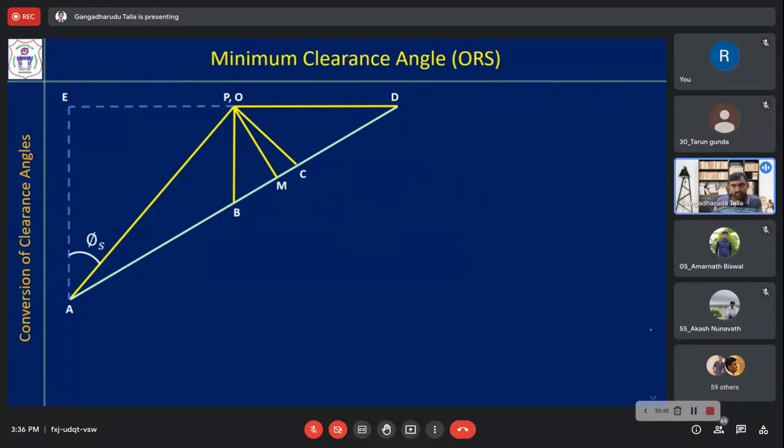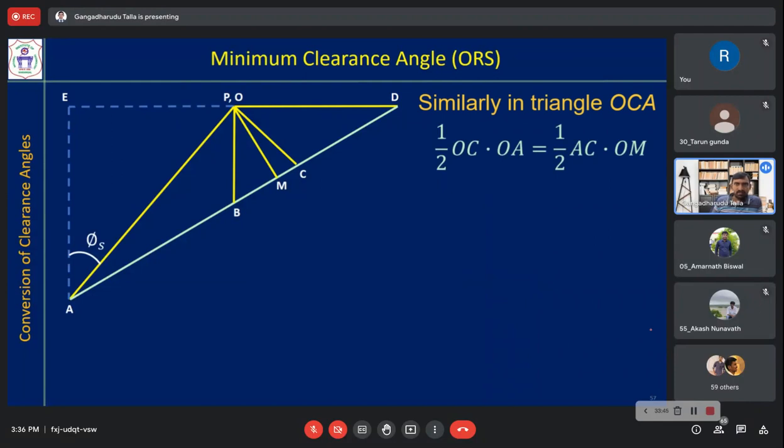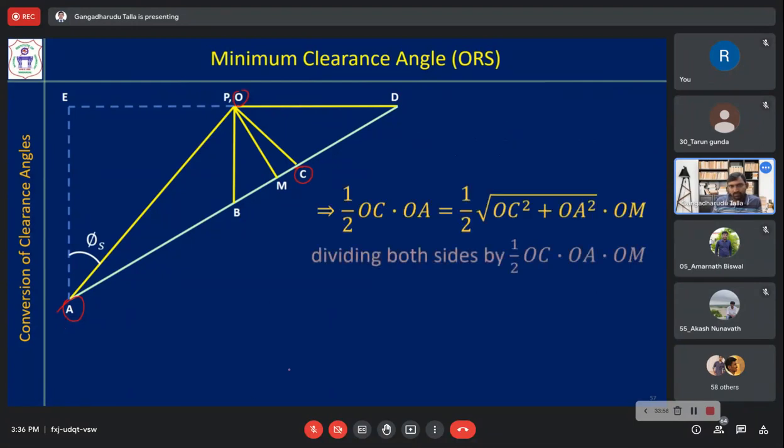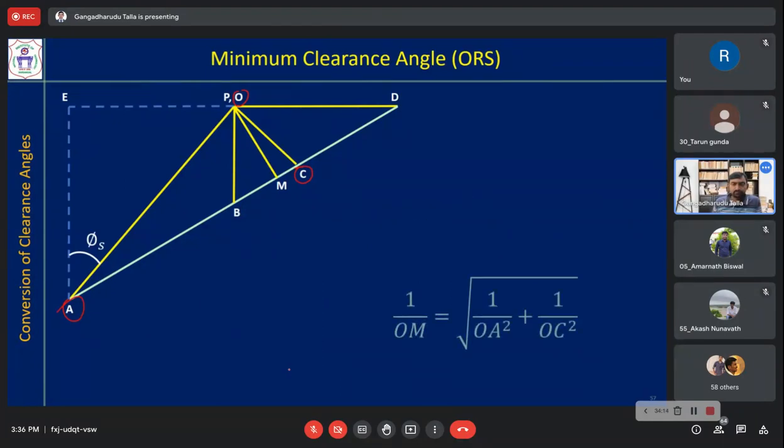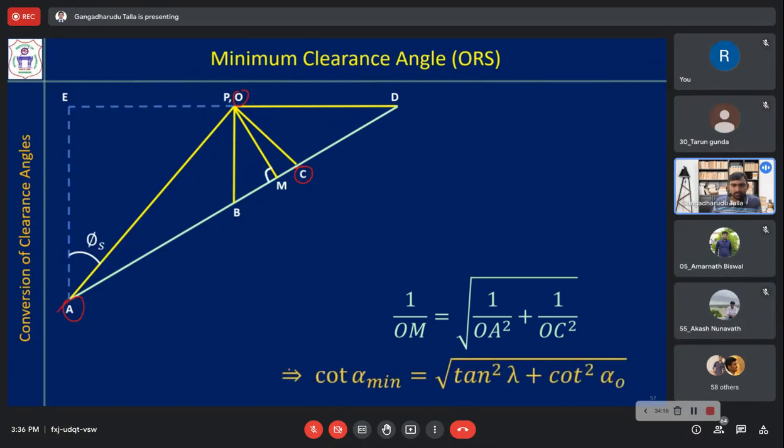Now coming to the ORS system, you consider triangle OCA. Which triangle you are considering is important. The remaining procedure is the same. OC into OA equals AC into OM. Half OC into OA is equal to half OC square plus OA square under root into OM. Divide both sides by OC, OA and OM. So 1 by OM is equal to this.